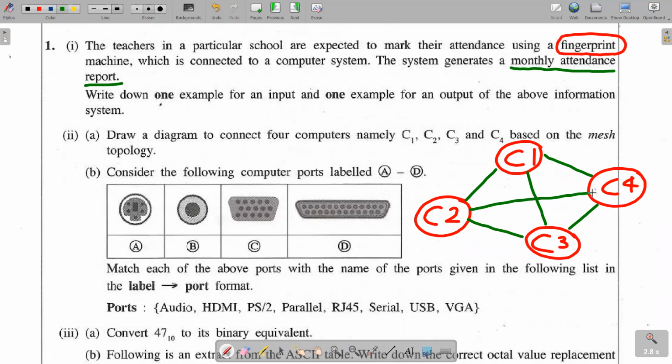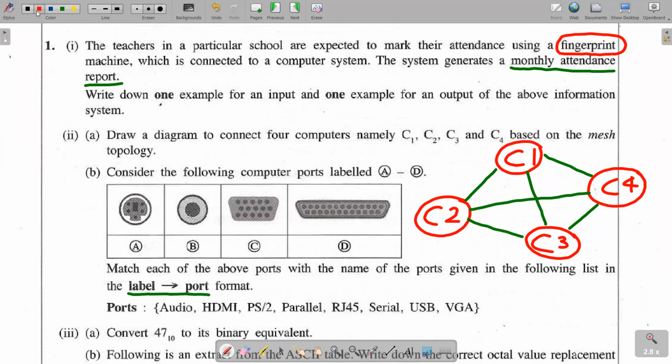And in part B, it says, consider the following computer port labels, which are A to D. Match each of the above ports with the name of ports given in the following list in the label to port format. So if they have said something like this, it's better you follow that. You have to say the label and the port.